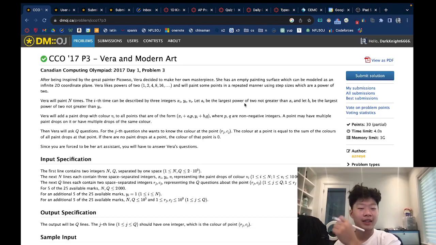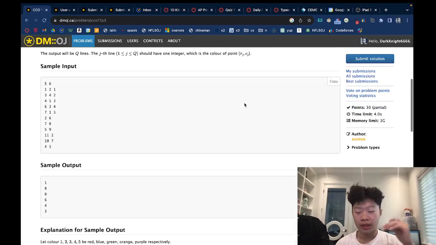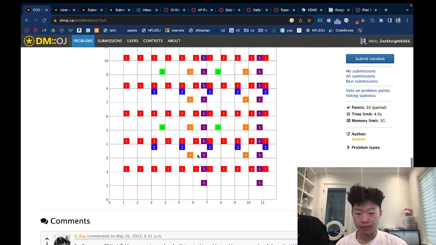For 3, the highest bit is 2, so it jumps to 5, jumps to 7, jumps to 9. For 6, its highest bit is 4. It keeps jumping 4.